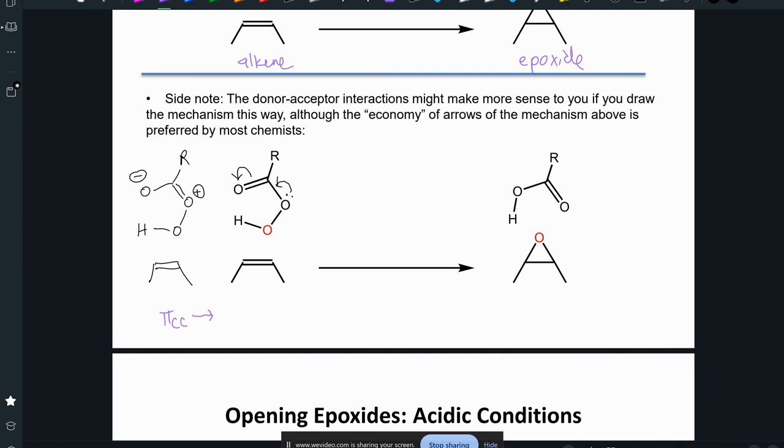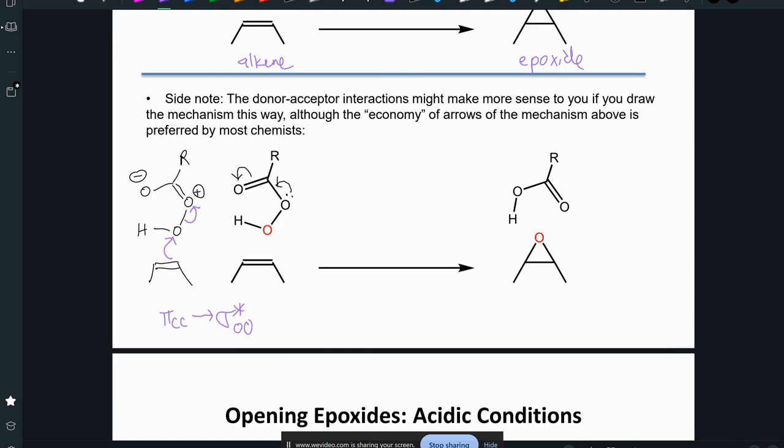There is another orbital that is also a very good acceptor and is acting on a relatively weak bond, and that's going to be sigma star OO. Two very electronegative atoms bonded to each other. So my first arrow is going to be pi CC donating to sigma star OO. That's going to break the OO bond. Okay.